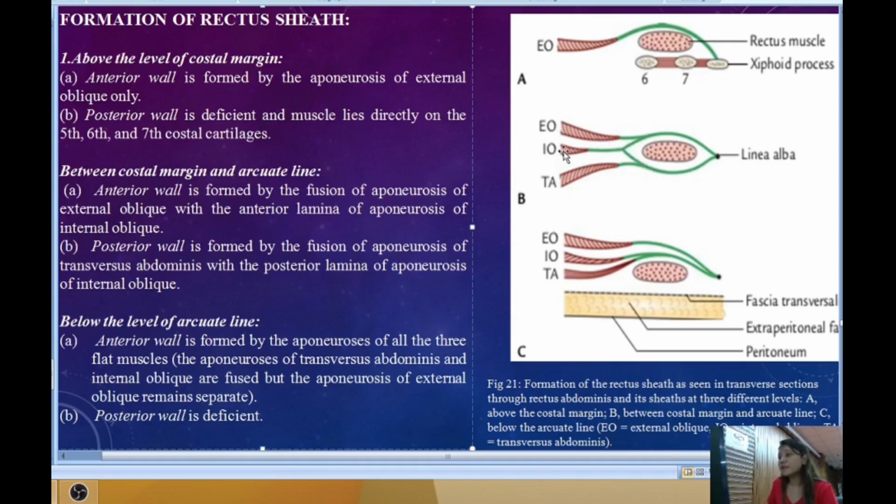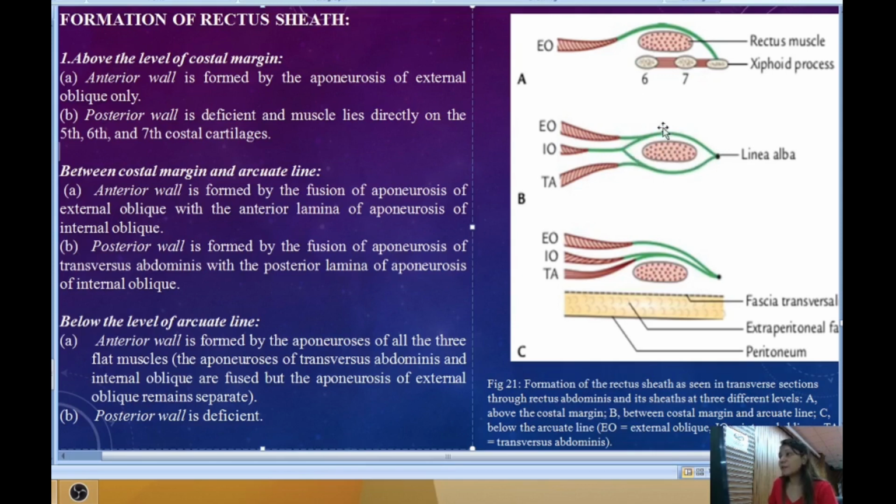Okay, everybody see in the diagram, this is external oblique, this is internal oblique, this is transversus abdominis aponeurosis, and this green color is the rectus sheath, which surrounds the rectus muscle.